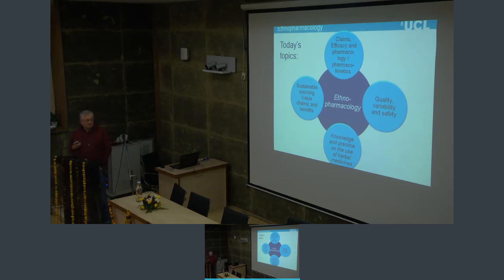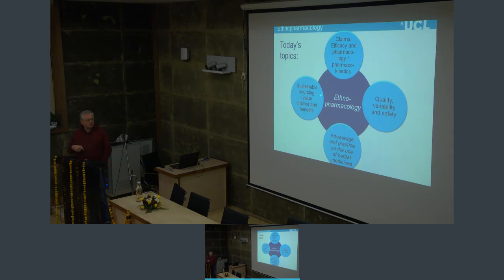And if you think about it, you can sort of define four main areas we need to focus on. One is related to the knowledge and practice on the use of herbal medicines. That's something which to some degree we covered on the first page. So that's here at the bottom. The other one is the whole issue of activity, claims on efficacy, so clinical and pharmacological as well as toxicological research.